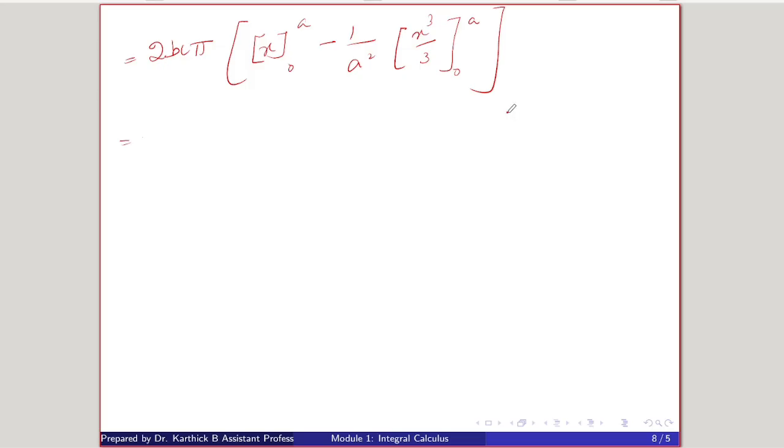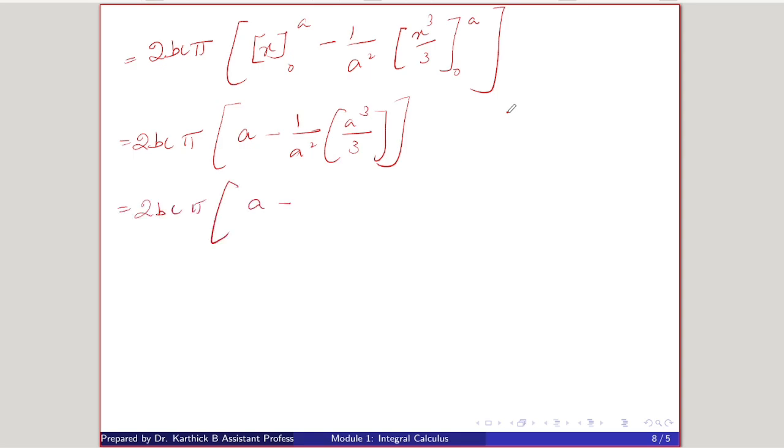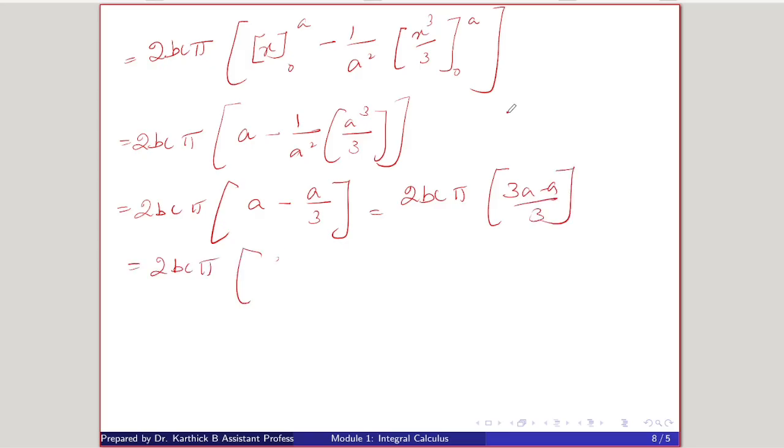Okay, a minus 1 by a square into a cube by 3, and here bc pi, a minus a by 3. So it gives 2bc pi into 3a minus a by 3. So it will be 2bc pi into 2a by 3. Finally we get the answer 4 pi abc by 3.